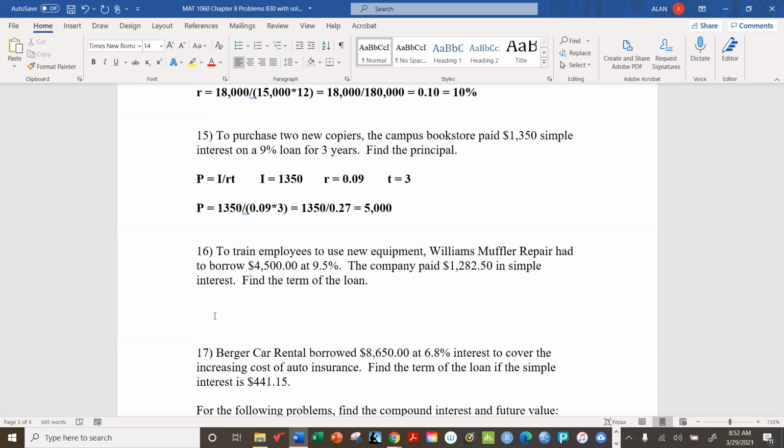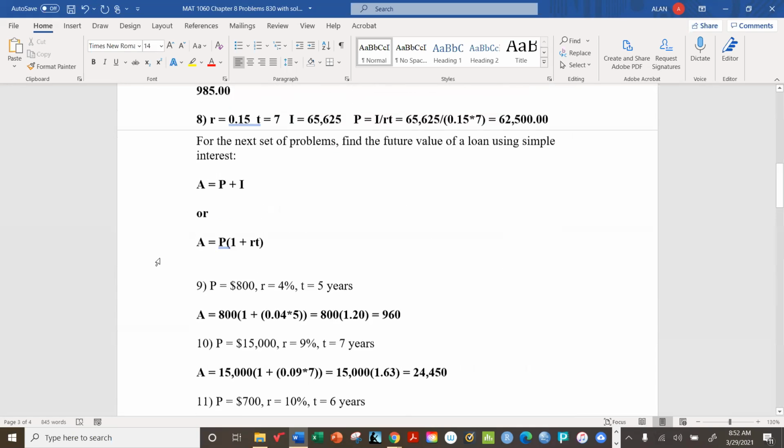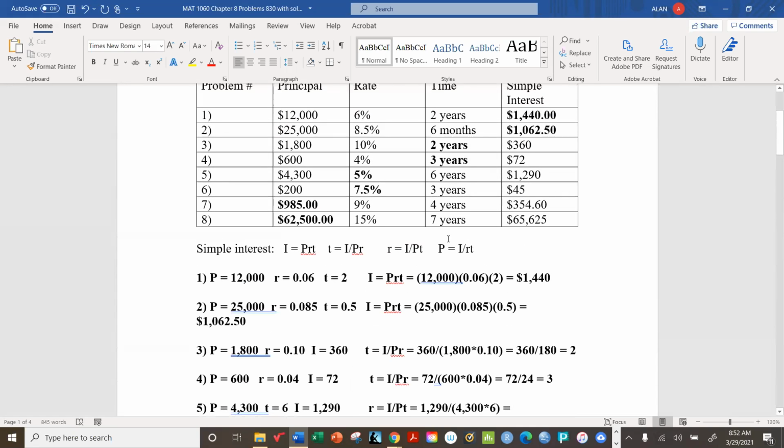All right, now for this one, again, this is a simple interest problem, but the word term, by the way, means time. Okay, so that means this is a time problem, and we're picking this one.